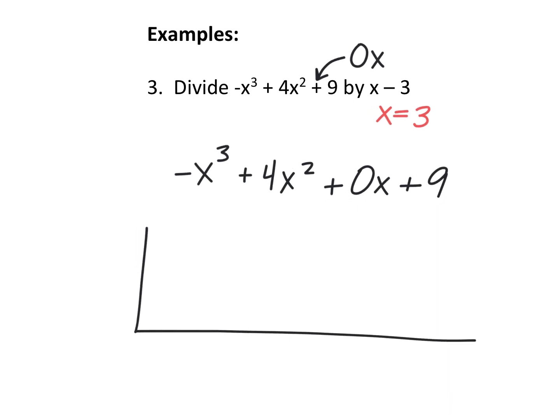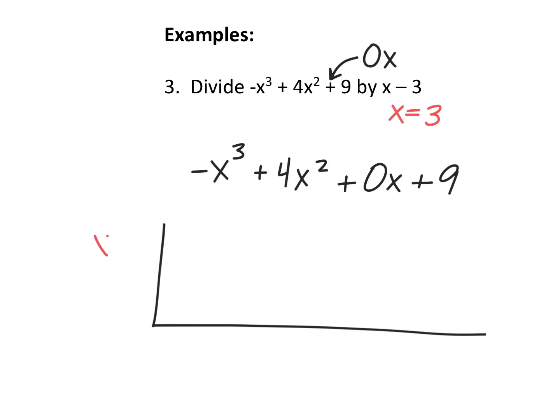And we want to use x equals 3 as what we're dividing by. That's what goes on the outside. And then these coefficients are what we take up here. So negative 1, 4, 0, and 9. Hopefully you see where that comes from.